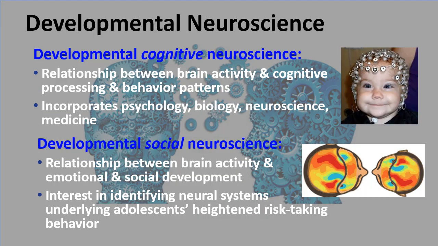And relatively new to developmental studies is developmental neuroscience, and they've started looking more and more at children's, infants, toddlers' brains, brain waves, and what and when and how certain parts of the brain develop.